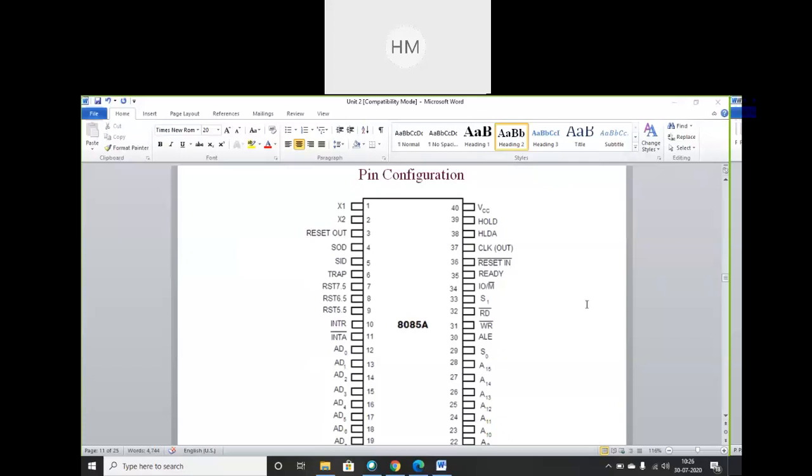Is the diagram visible to all? It consists of 40 pins.